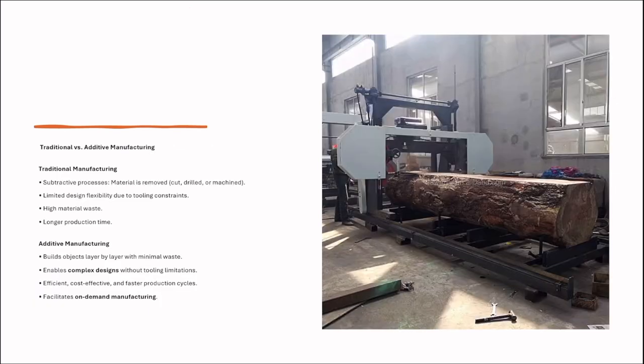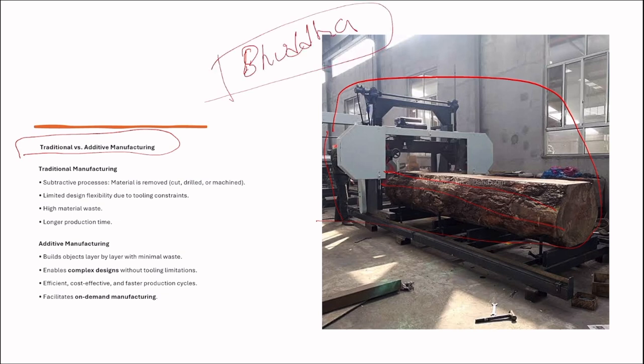And what is the traditional way of manufacturing and what is the additive way of manufacturing? Now this image you see is a tree trunk. Suppose now I need a nice sculpture of Buddha. What will happen? I will cut all of this and make sure I get a nice form of Buddha.